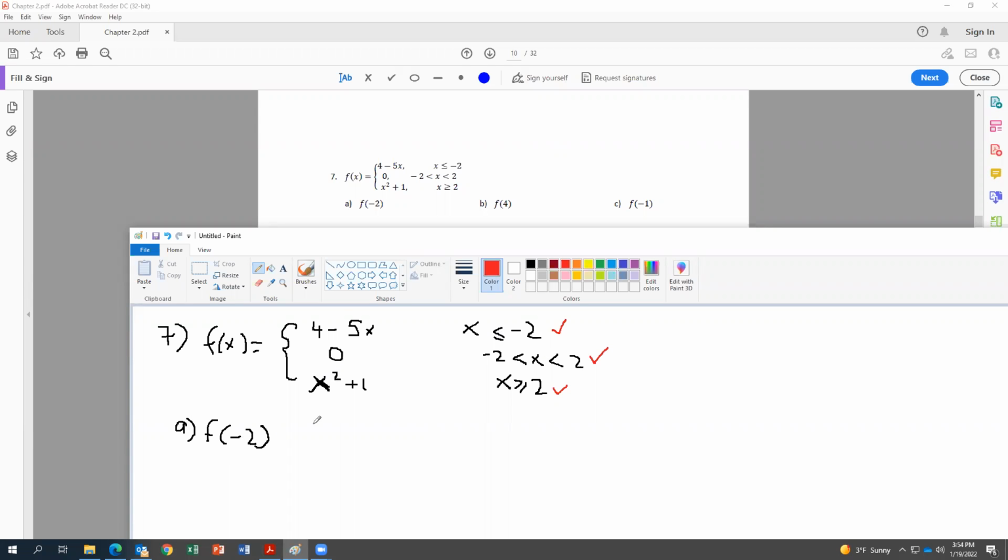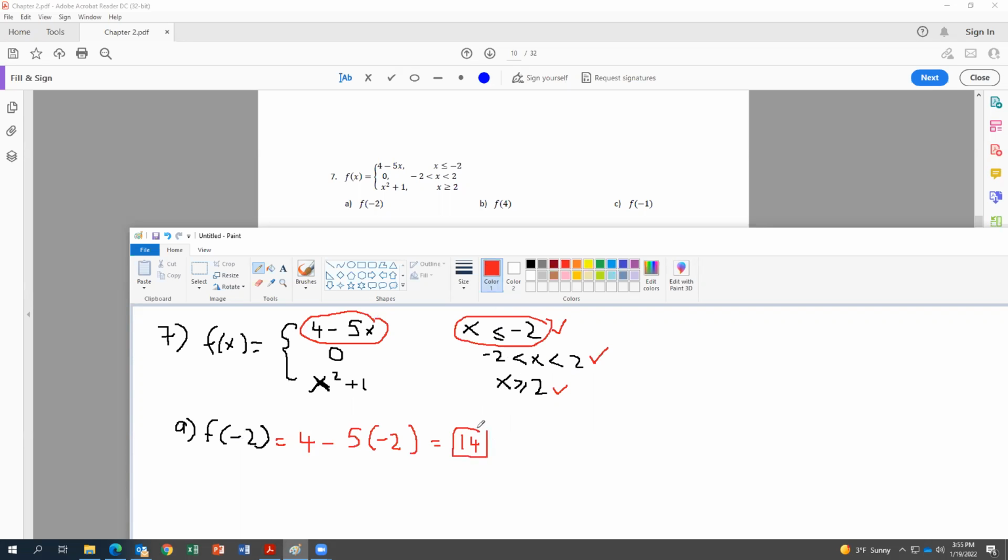Where does x equals -2 belong? Does it belong to x less than or equal to -2, or between -2 and 2, or above 2? Since x equals -2, it belongs to this one. So we are using this function. So this becomes 4 minus 5 times -2. So this is 14.